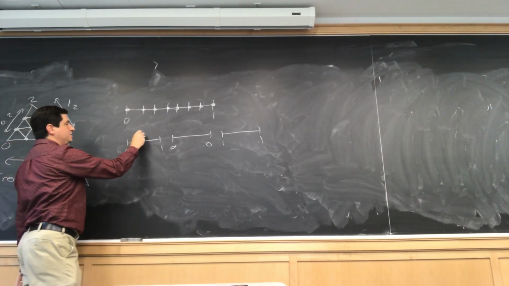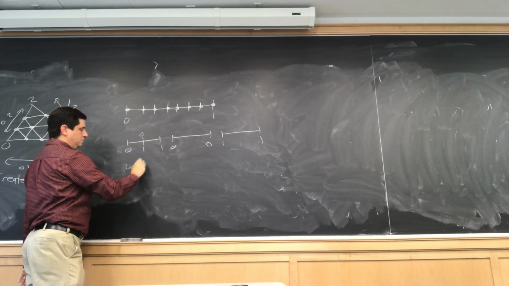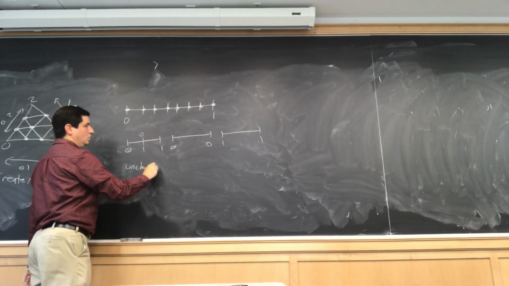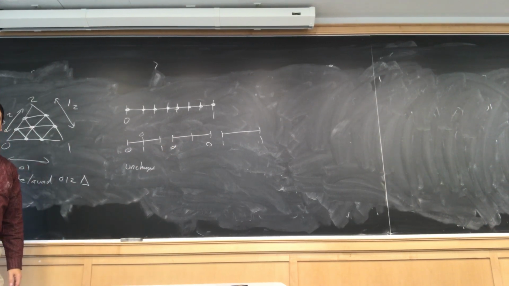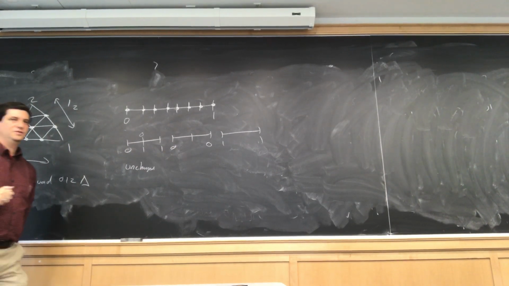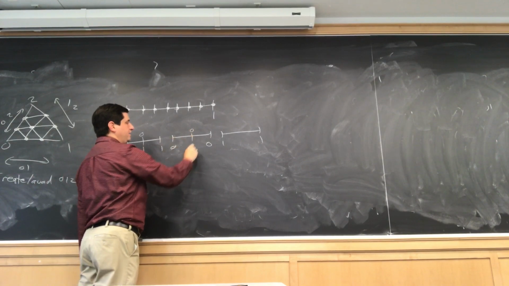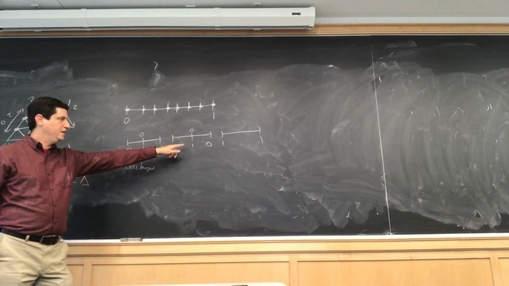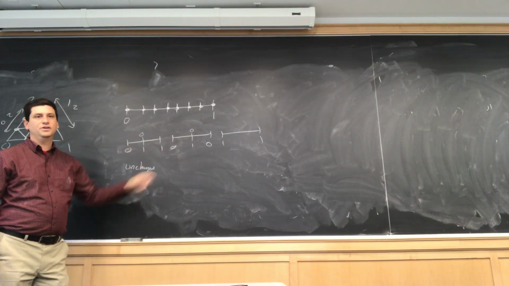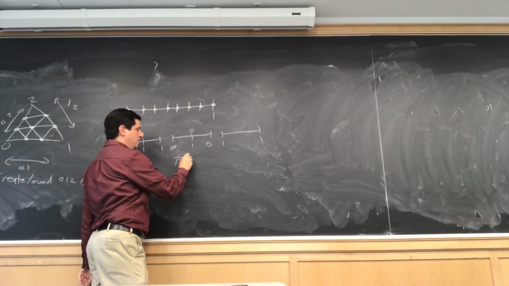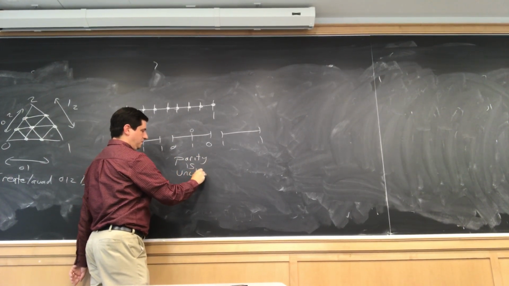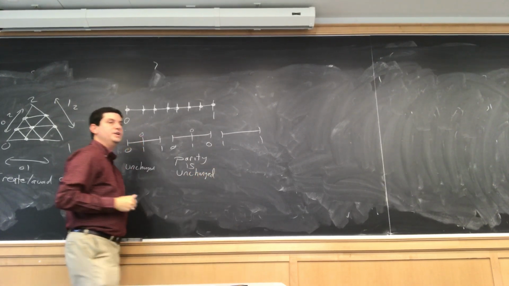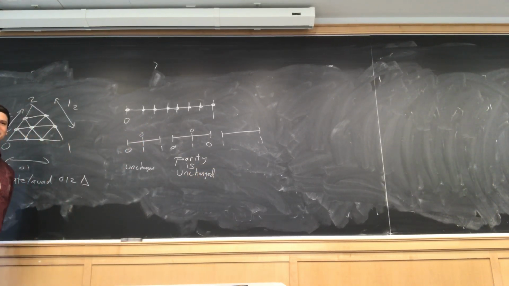So if I put in a 0 or 1, it's unchanged. What if I put something in here? What happens? If I put in a 0, it's unchanged. If I put in a 1, the parity is unchanged. If it was odd, it stays odd. If it was even, it stays even.